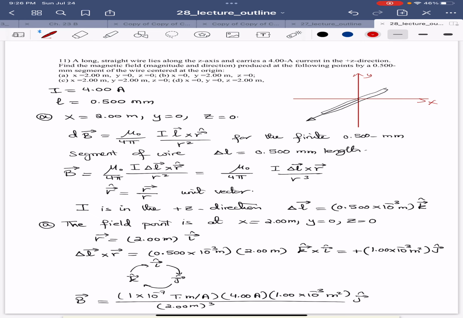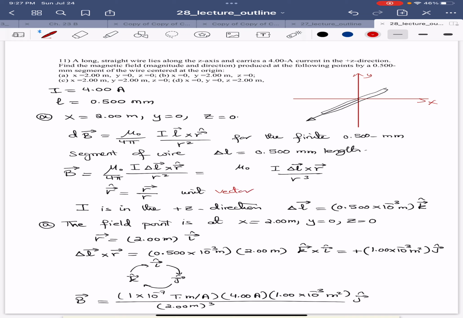dB is mu 0 over 4 pi, I dL cross r unit vector, over r squared. This is for a finite segment, and 0.5 is going to be for delta L. Then here I can replace the unit vector: the unit vector itself is r divided by r.